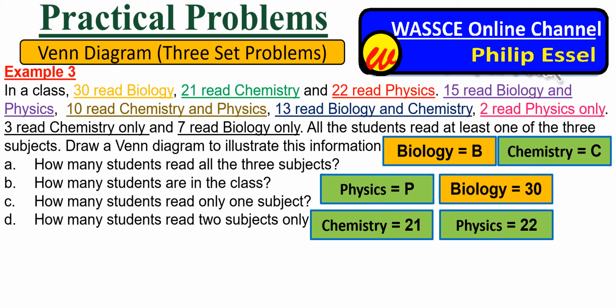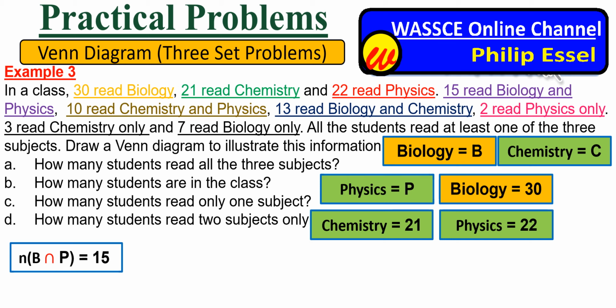Again, from the question, we are told that 15 of the students read biology and physics. So let's write this down. So biology intersection physics is equal to 15. Again, 10 of the students read chemistry and physics.